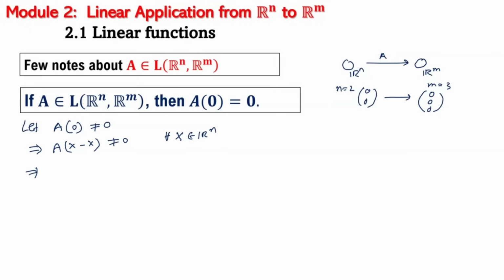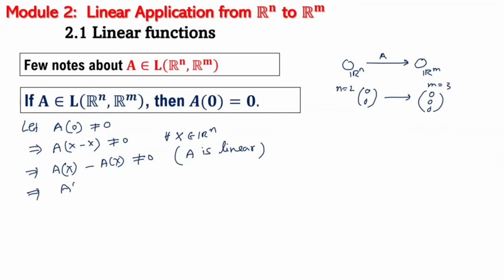Since A is linear, we can write it as Ax minus Ax, which is not equal to 0.